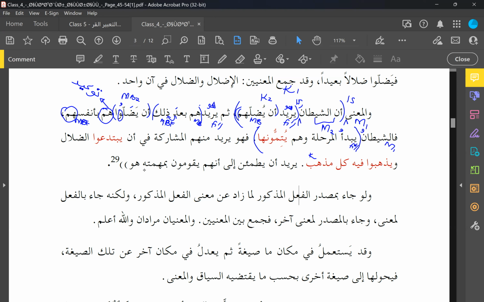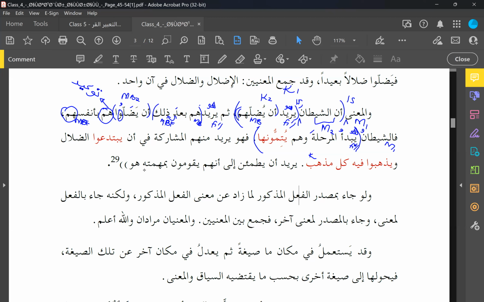Once you figure out the person doing the thing, so فالشيطان, he is the doer. يبدأ, so obviously he's going to be the fa'il. But the dhamir that is being used here is the huwa. So the fa'il is the inside pronoun huwa. So فالشيطان and shaitan, he. So now we are inside the bracket. So he يبدأ, he begins المرحلة.